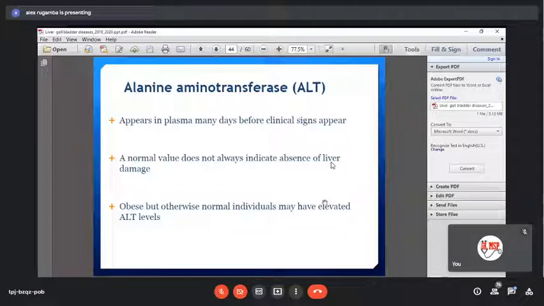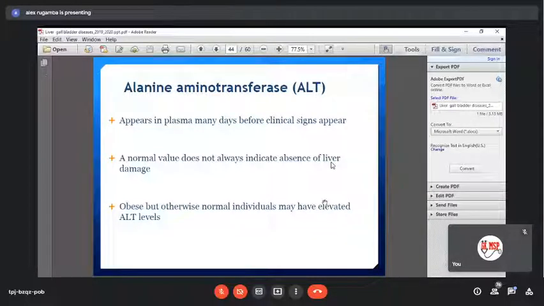Even before clinical signs appear, if you test someone, you may see that this enzyme is increased or decreased compared to the reference range.